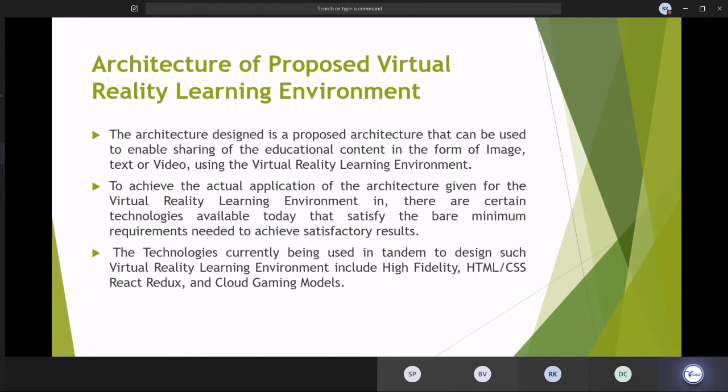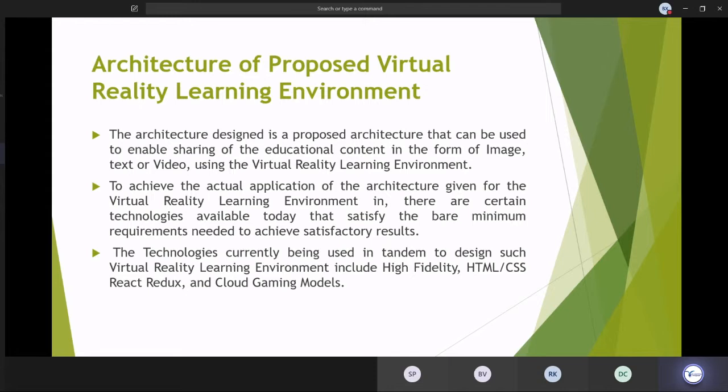This proposed architecture is designed such that it can enable sharing of the educational content in the form of various multimedia technologies such as image, text, or video. All this can be done using the virtual reality learning environment.